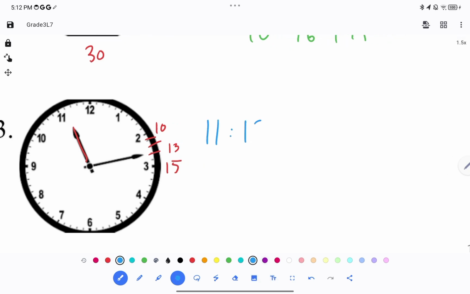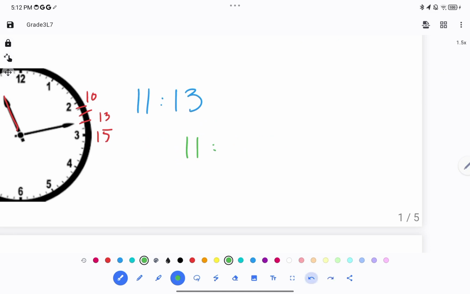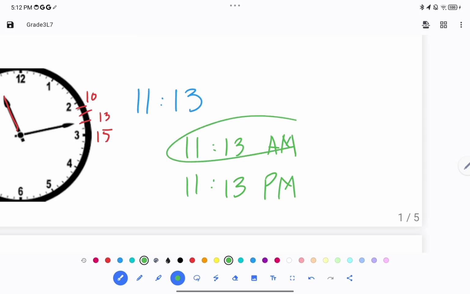So it's 11:13, and this could be either 11:13 a.m. or 11:13 p.m., which is morning or night.